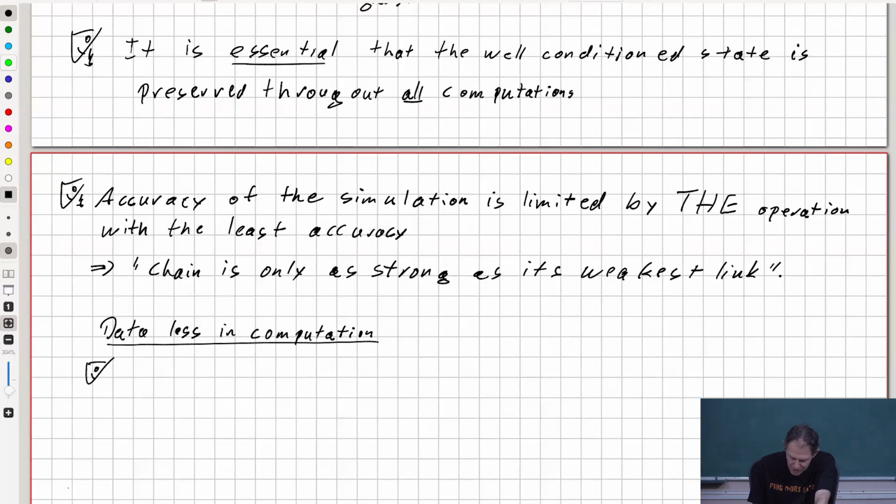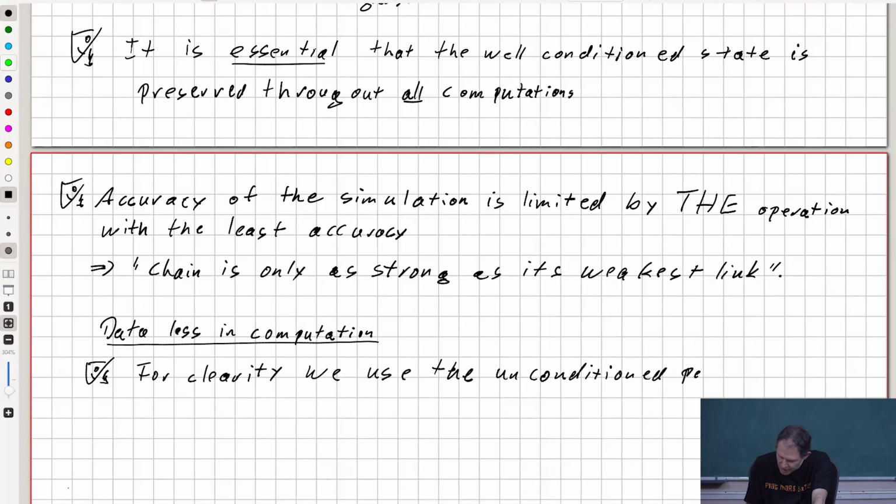Okay, so in order not to confuse you too much and not to get too complicated, for clarity we use the unconditioned populations Fijk below.